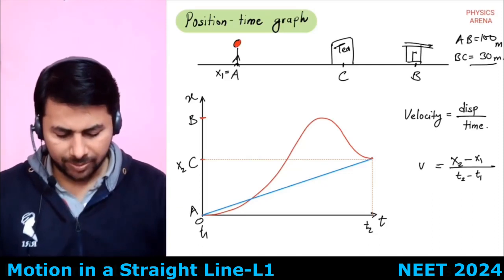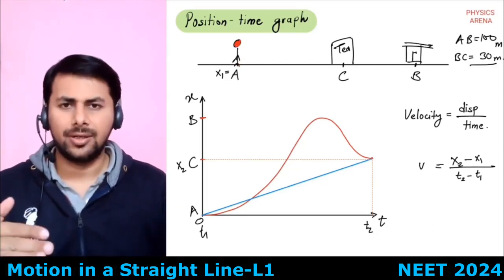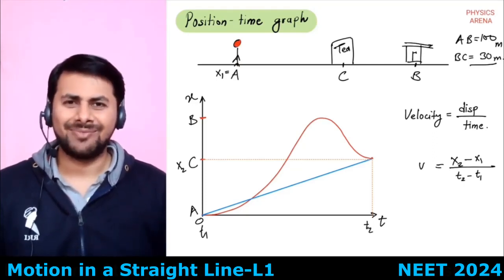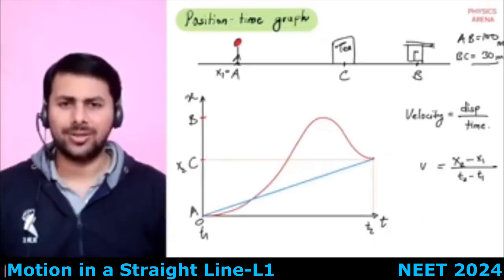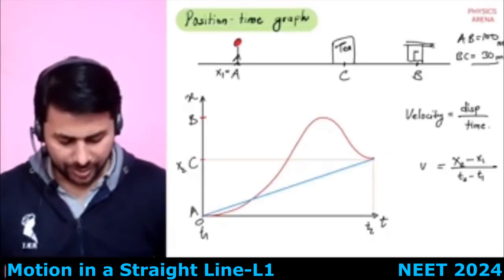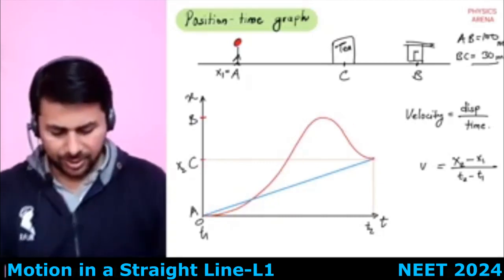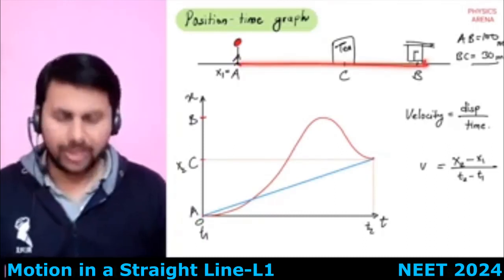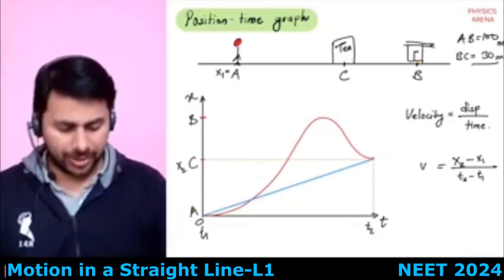For example, I start from here, and as I just woke up, my energy will be very low, so I will walk or jog slowly. So this graph goes like this, the curve you can see. This is point A, then I go to the point B. This is my point B, and I return from there.